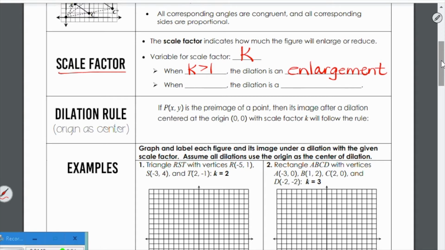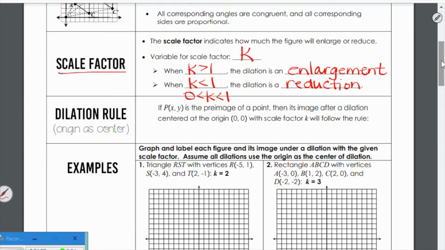It doesn't get any bigger or any smaller. It's the same exact shape. So k has to be greater than 1 for an enlargement. When k is less than 1, and technically that means k is between 0 and 1, the dilation is a reduction. This shape gets smaller.